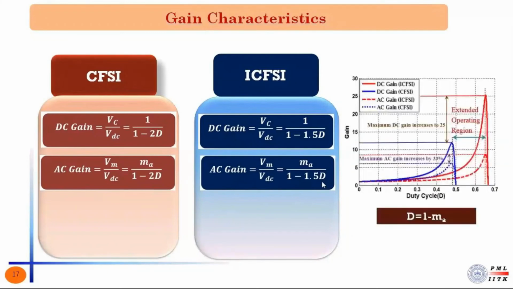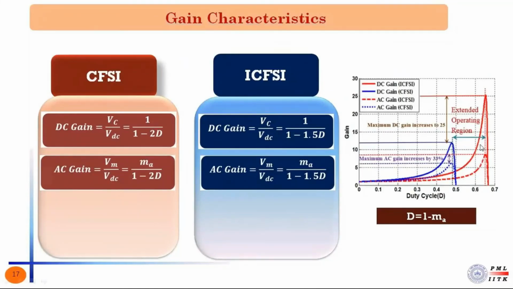We can see that the maximum duty cycle at which ICFSI can be operated is 0.67, whereas this is 0.5 in case of CFSI. So here we have obtained an extended operating region in terms of duty cycle. So this is the main reason which leads to the improved gain characteristics in case of ICFSI.